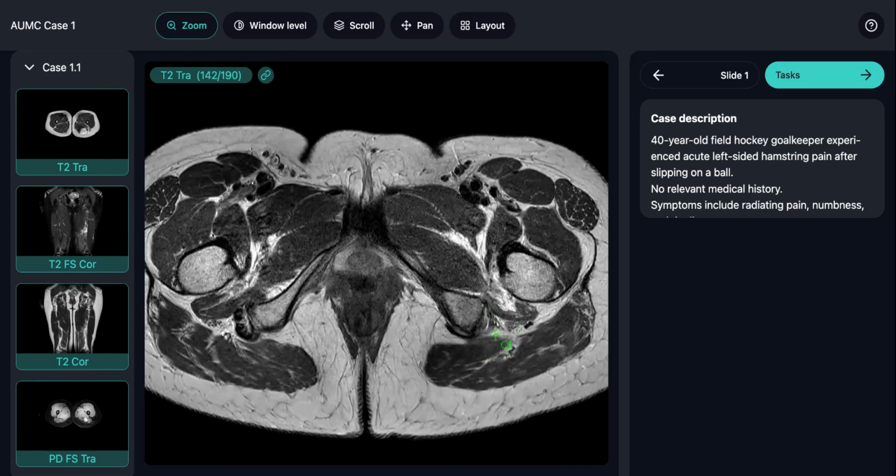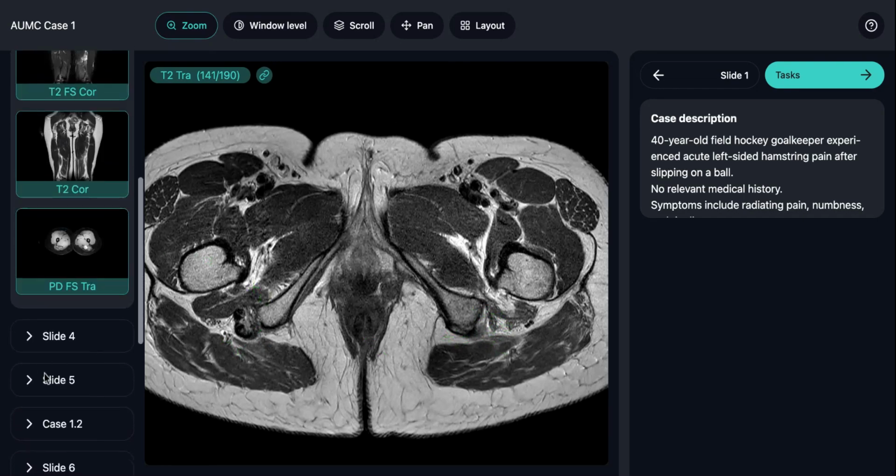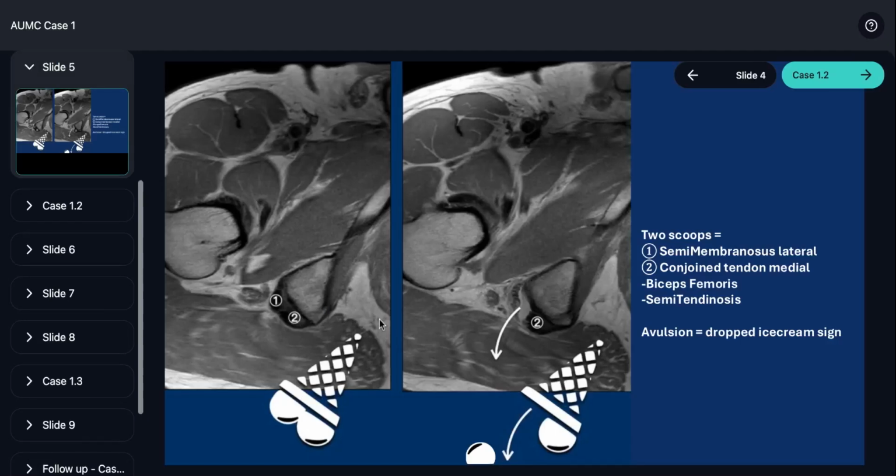And we can see that the two tendons here of the semimembranosus and the conjoint tendon are not where they're supposed to be. They are missing. And this is what we call the dropped ice cream sign. Here you can see the normal ischiadicum as an ice cream cone with two scoops of ice cream, one being the semimembranosus tendon and the conjoint tendon.